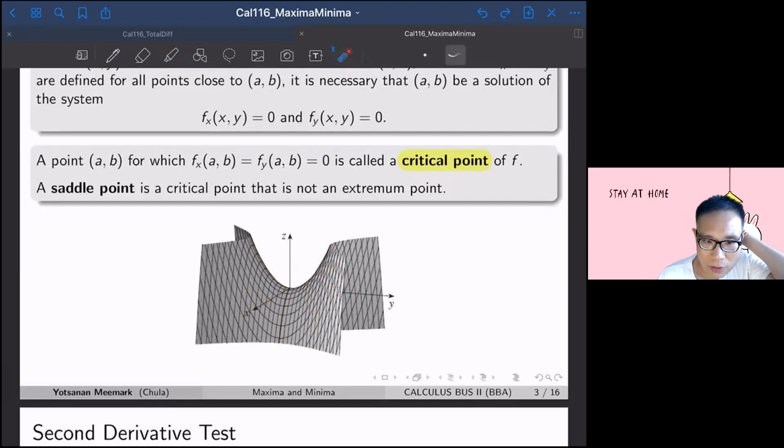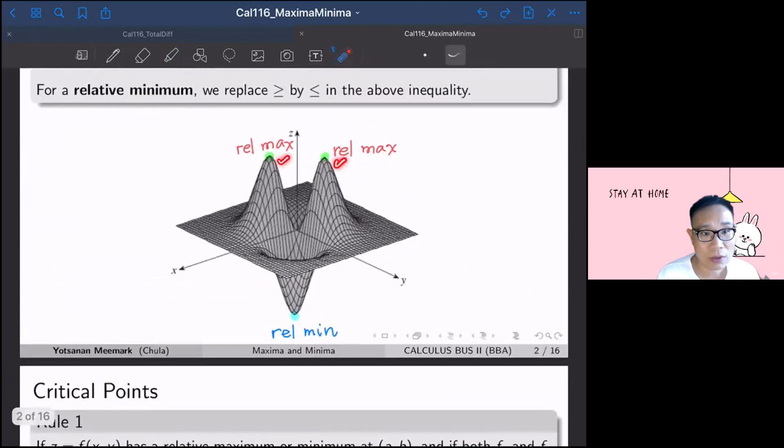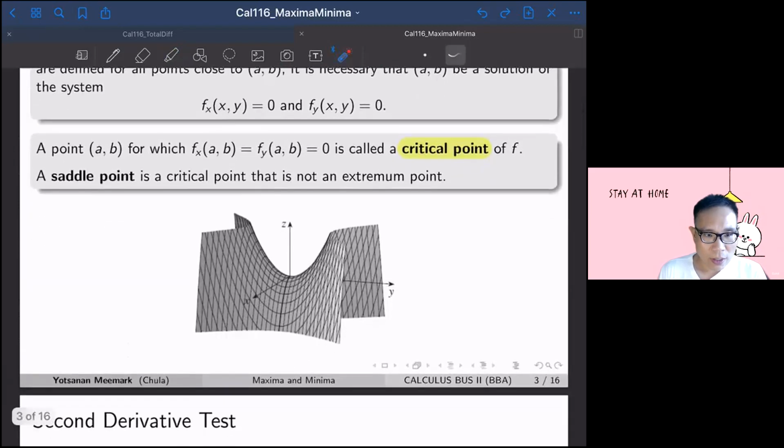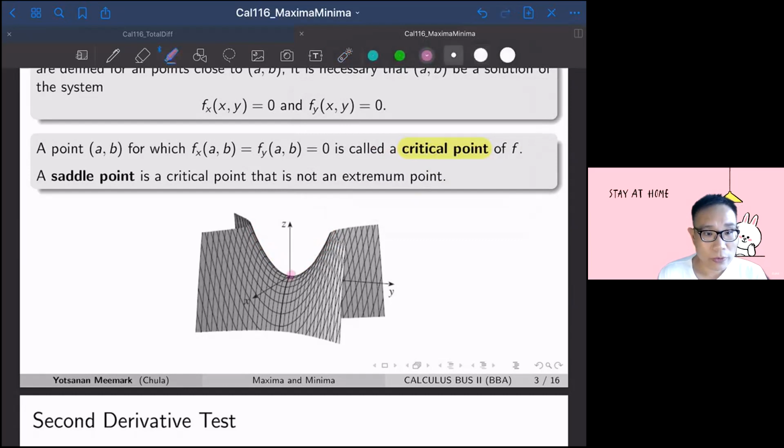However, it's not a relative maximum or relative minimum, so it's not a peak like before. This one is a relative max, and this one is a relative min. In this case, the picture looks like a saddle on a horse, so we call this point a saddle point.